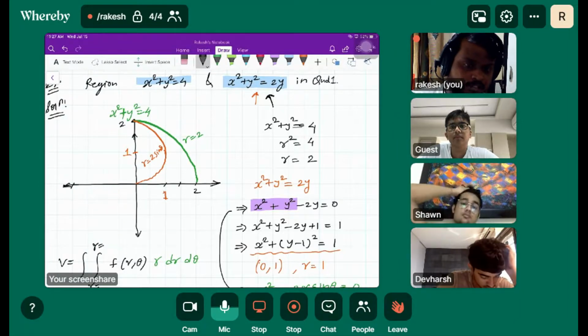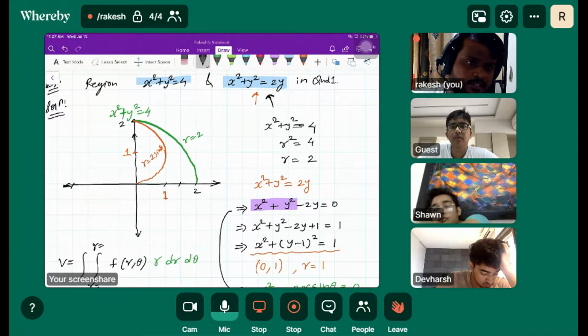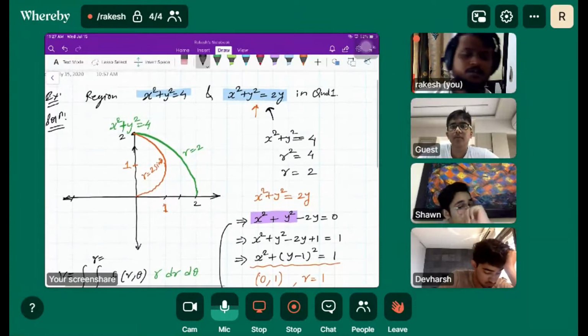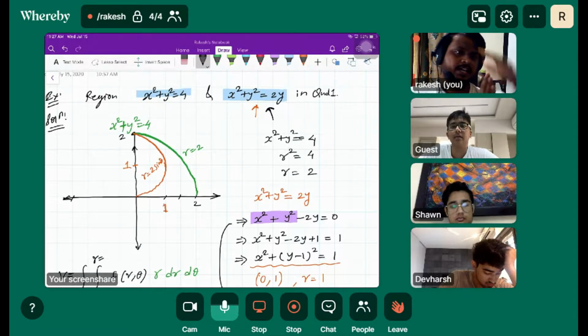Did you understand that our region is between orange and green? Because the region is bounded by x square plus y square is equal to 4, so that is that curve, and that.